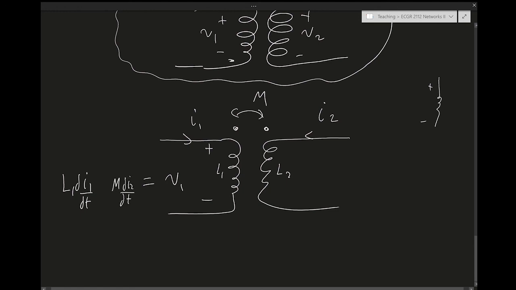Well, let's look at the dot convention. The current I2 is going into the dot. Okay, so that means that I2 is positive, right? And then the plus minus here match the dots. The plus is at the same place as the dot, and the minus is opposite of the dot. So this also is going to be positive. So it's going to be positive.